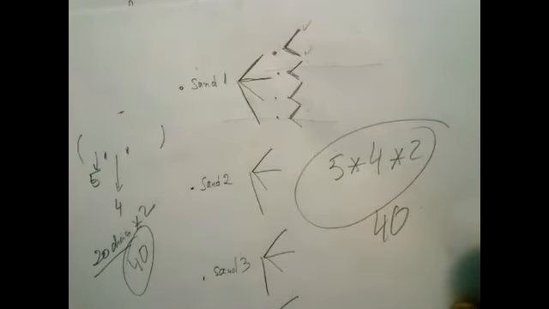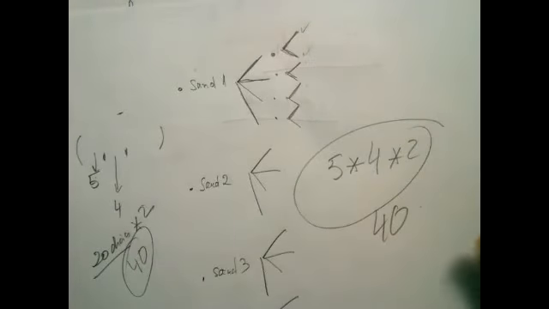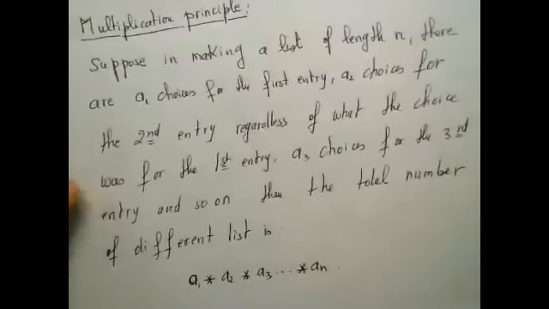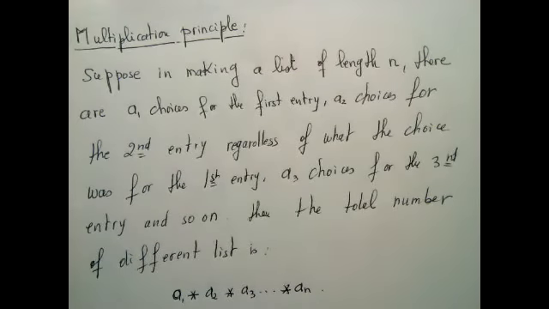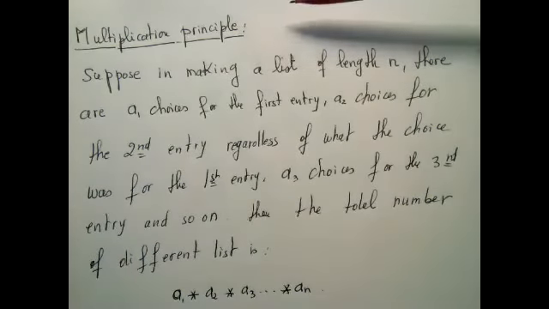Right, this principle, this idea of multiplying, has a name, and it's called the multiplication principle, that you will be using continuously. So what does the multiplication principle tell me?